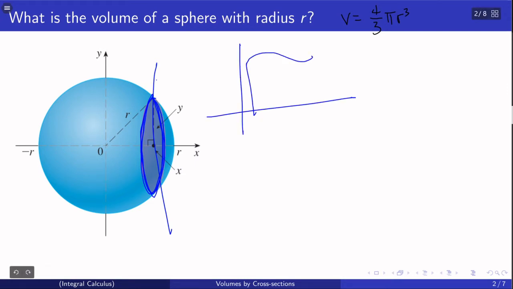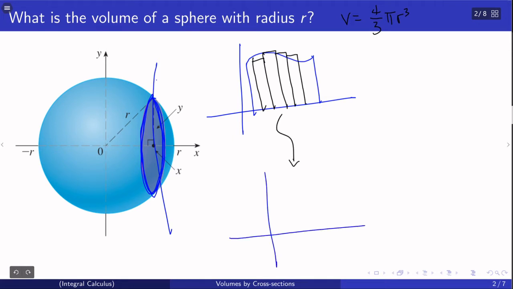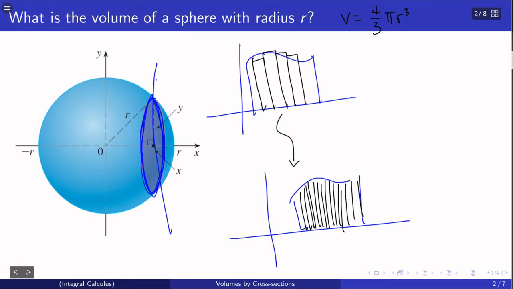And if you remember, for computing the areas of regions under a curve, we did them using rectangles at the beginning and used this as an approximation. But as the number of rectangles grew larger, we were able to get the exact value of the area by considering the area as the accumulation of infinitely many, infinitely thin line segments.